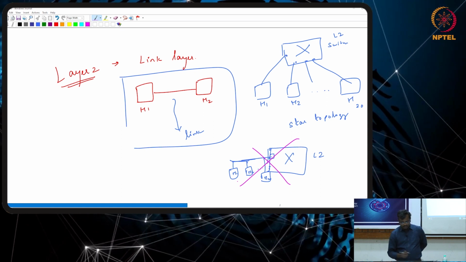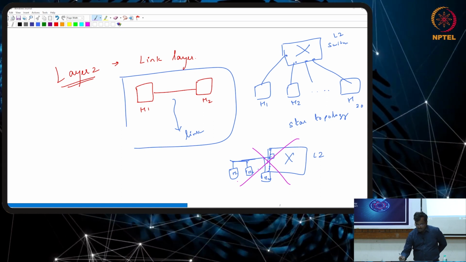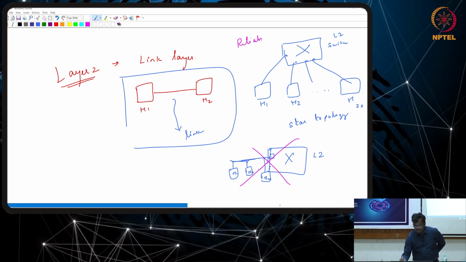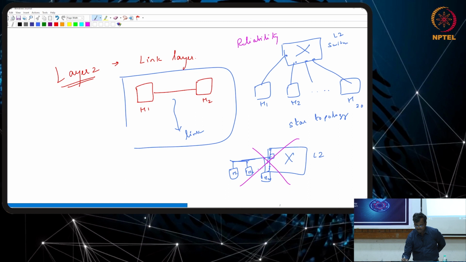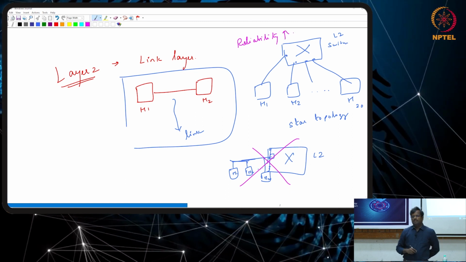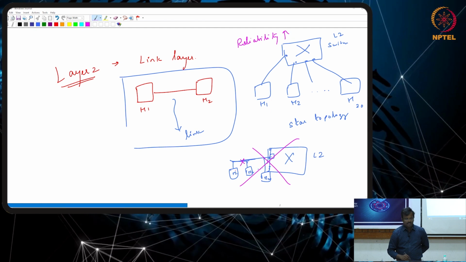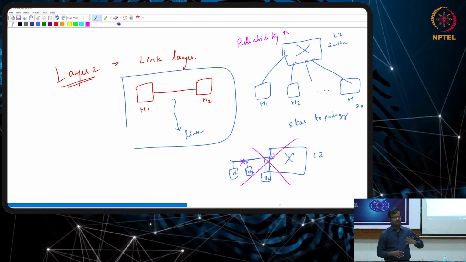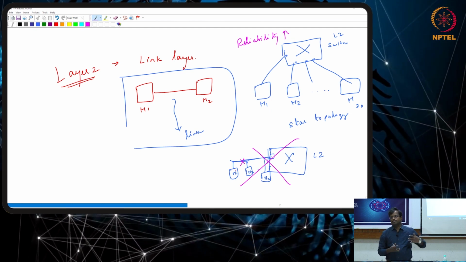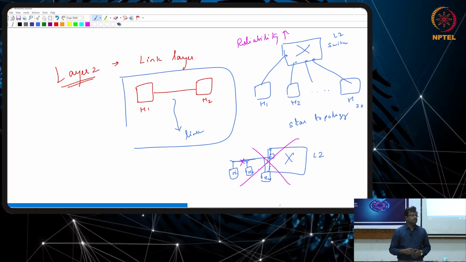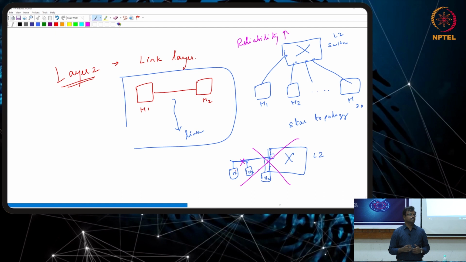Good. So this is more reliable. Reliability is high. Why? Because when there is a cut in the cable, your entire network of computers will be disconnected. That is one important aspect. This is also a security consideration in terms of design, right?